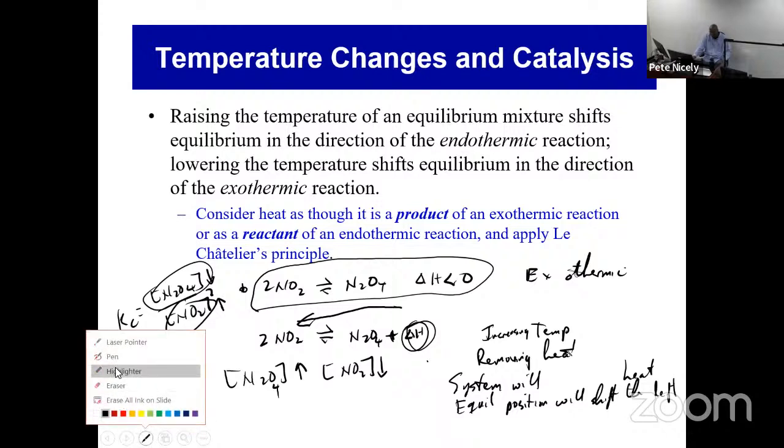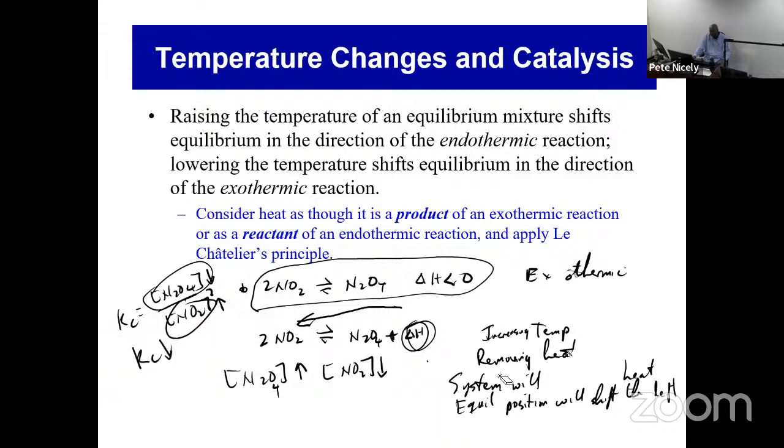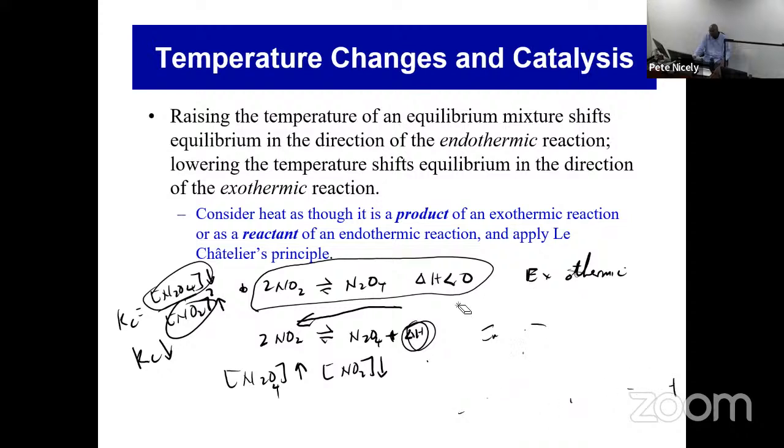So let me just erase all this here. So if you decrease the temperature, that means you're removing heat, which means that the equilibrium will shift to the right.